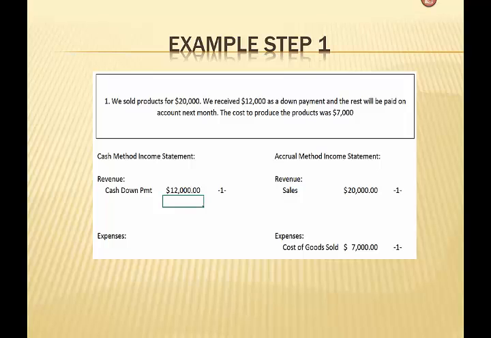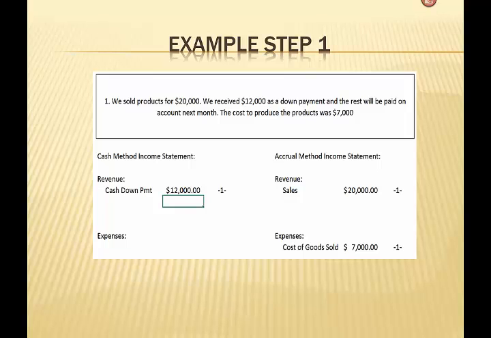So from an accrual method, we had a sale of $20,000 and we have to recognize that sale even if we don't receive any money for it yet. So we'll have a sale of $20,000. Associated with that, you have a cost of goods sold, or a cost to produce those sales, which was $7,000. So we recognize that expense.